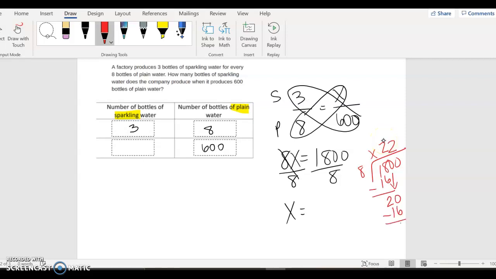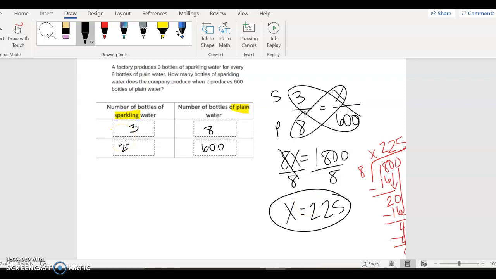Again 16. Subtract, we have 4 left. And finally, 8 into 40 goes 5 times. Subtract, we have nothing left over. So x is going to be 225 bottles of sparkling water for 600 bottles of plain water.